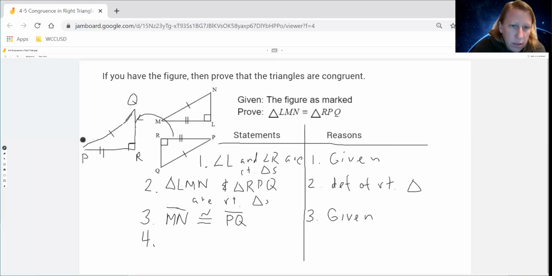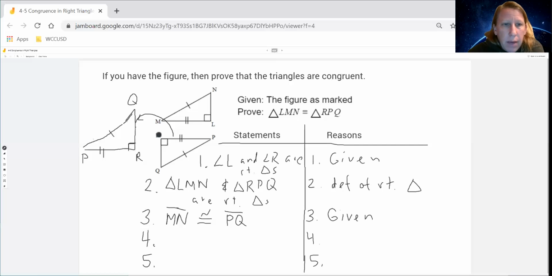Okay, almost done. This happened to be 5 steps. What else do I have to show? Okay, so I showed that a pair of hypotenuses were congruent. I knew they were hypotenuses because I had right triangles. Now, is there a pair of legs that are congruent? Sure.